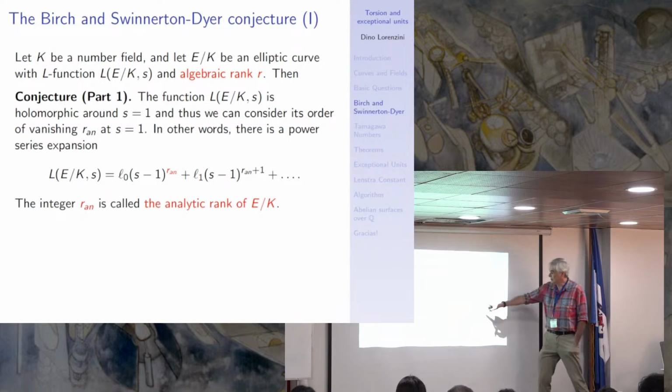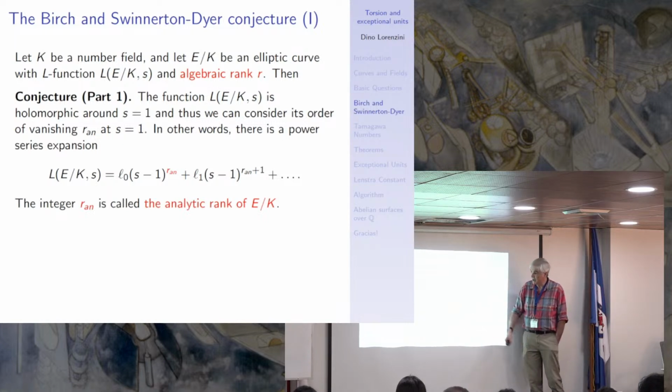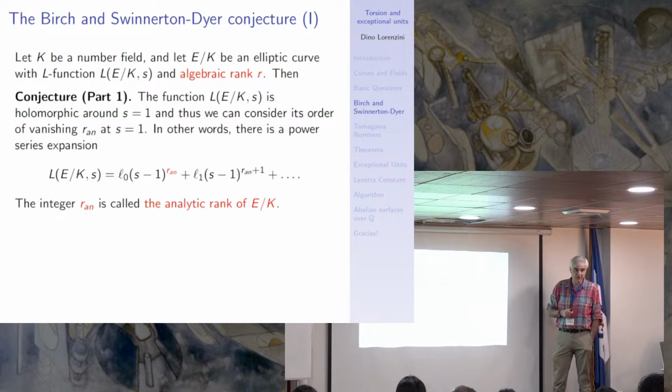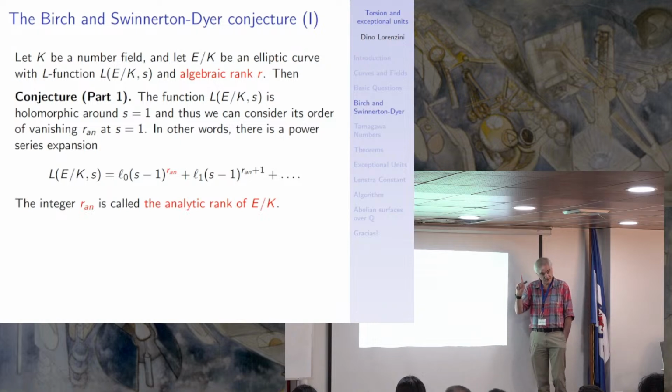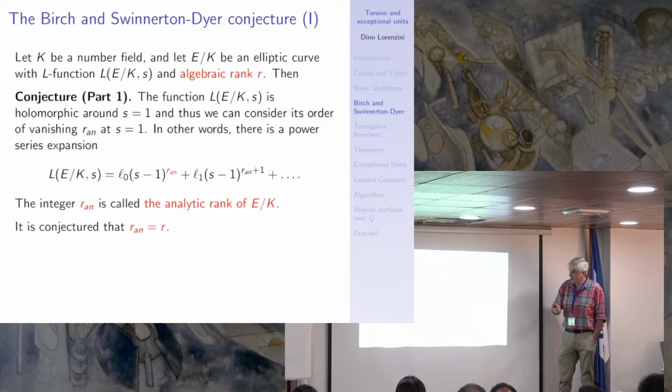So written in simplest terms, it says that you can develop your function at s minus 1, and you start with a constant L0 times s minus 1 to this analytic rank. And the miracle, the conjecture, is that this analytic rank should be the same as the algebraic rank.